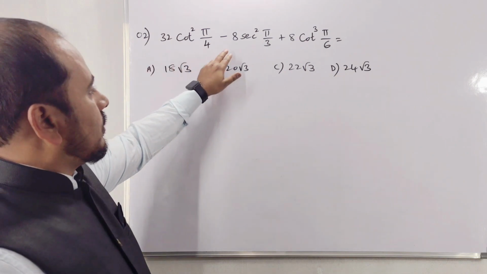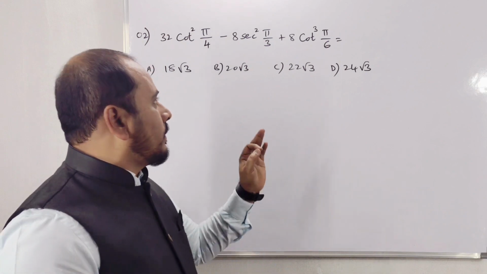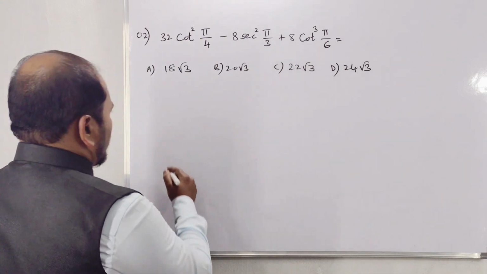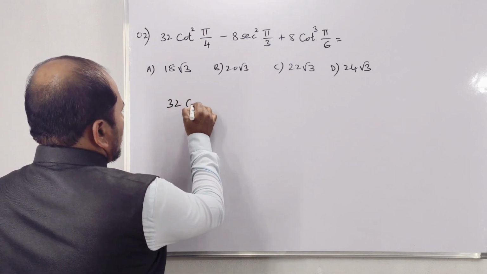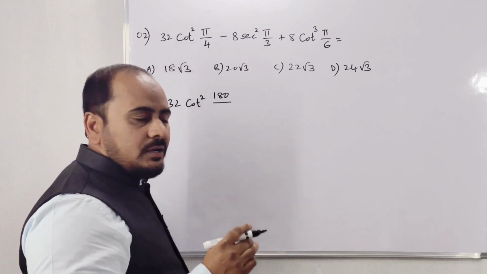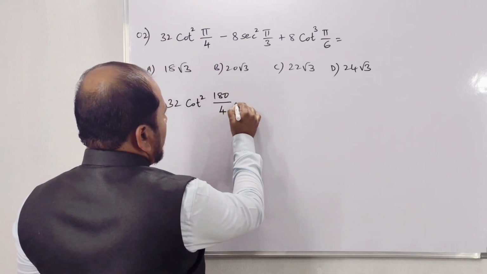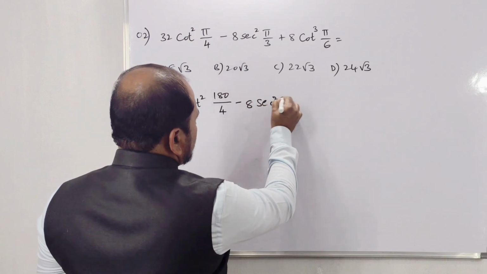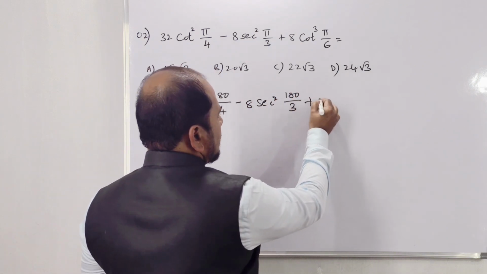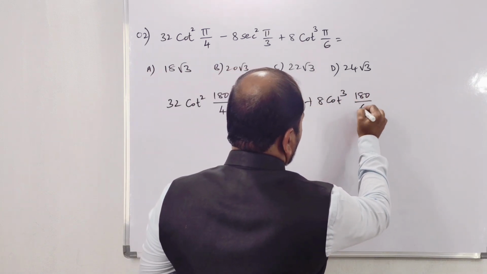32 cot square pi by 4 minus 8 secant square pi by 3 plus 8 cot cube pi by 6, and here 4 options were given. Now we have to calculate it. 32 cot square pi, in place of pi we can take 180 degrees, my dear. Circular measure converted into sexagesimal measure, minus 8 into secant square 180 divided by 3 plus 8 cot cube 180 divided by 6.